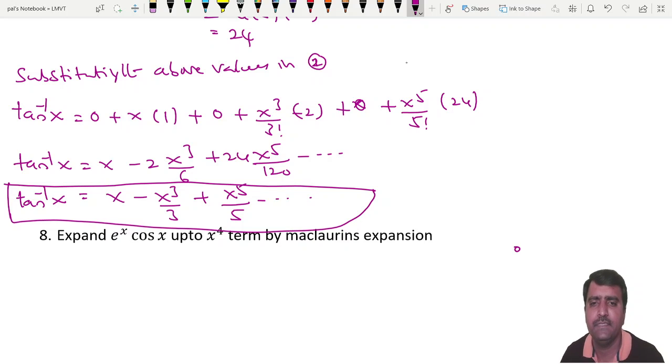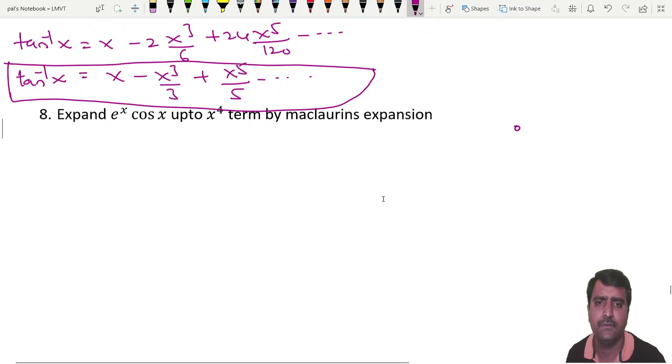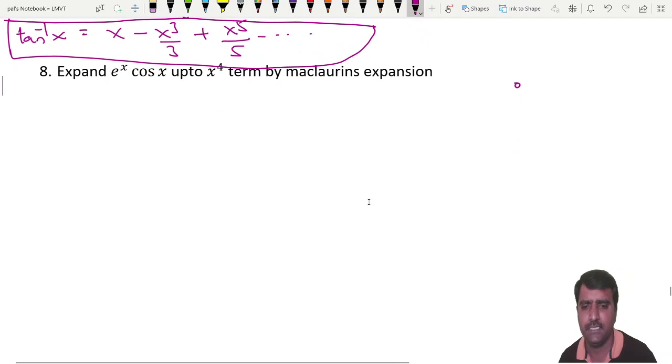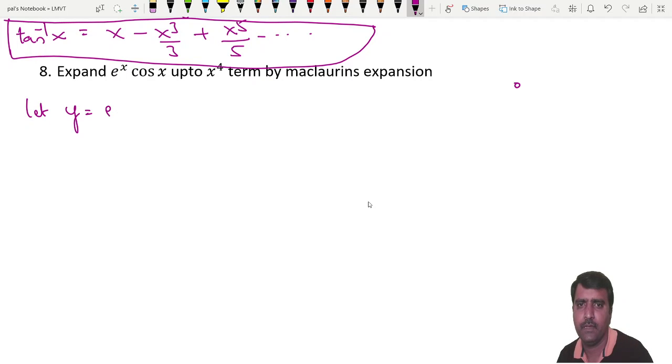Similarly, here you see e to the power of x into cos x up to x to the power 4th term by Maclaurin's expansion. So first we consider this function as y. Let y is equal to e to the power of x into cos x. Take this as 1.